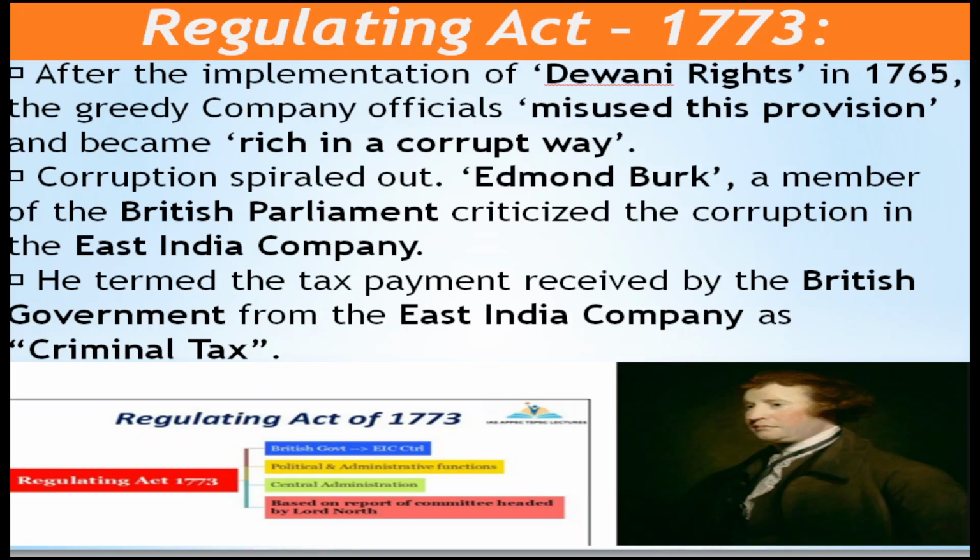Corruption spiraled out. Spiraled means it kept increasing. So Edmund Burke, a member of the British Parliament, criticized the corruption in the East India Company, and he said that the British government was receiving payments from the British East India Company as criminal taxes.